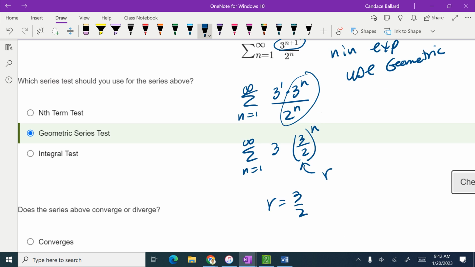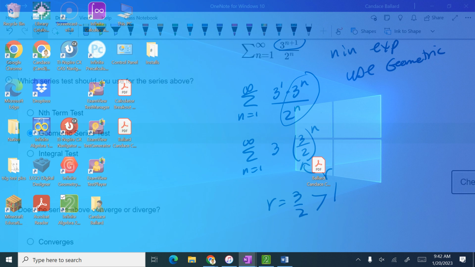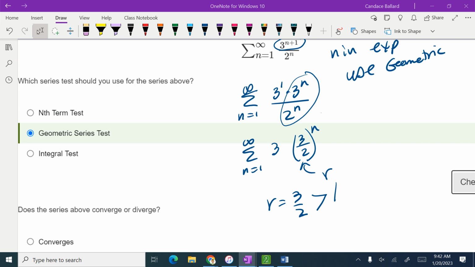So is that less than 1 or greater than 1? Greater than 1. Okay. So in geometric, you have to know which one is greater than 1 and which one is less than 1 for the quiz. And you're going to have to actually know that information. So if it's greater than 1, does it converge or diverge? That's a diverges. Okay.